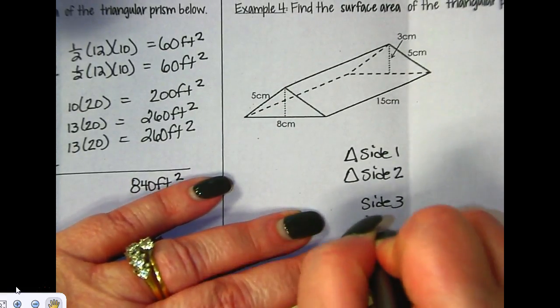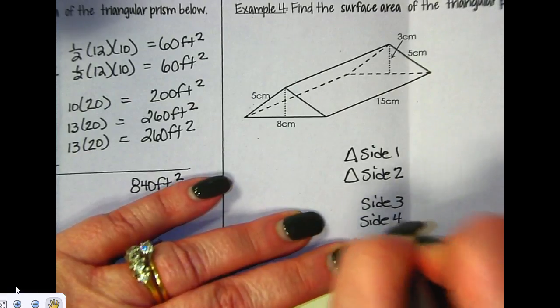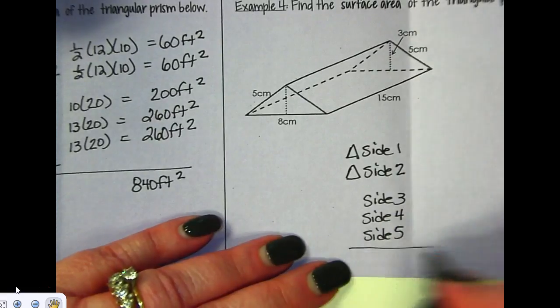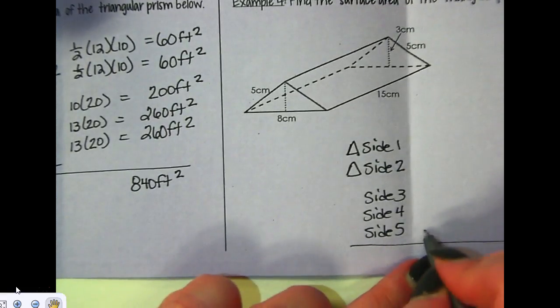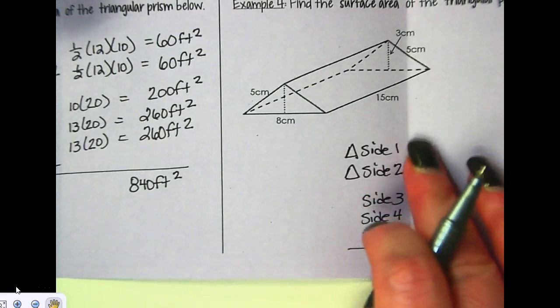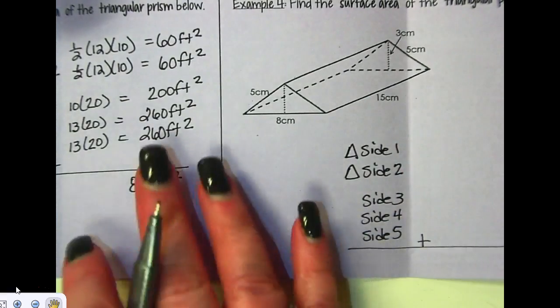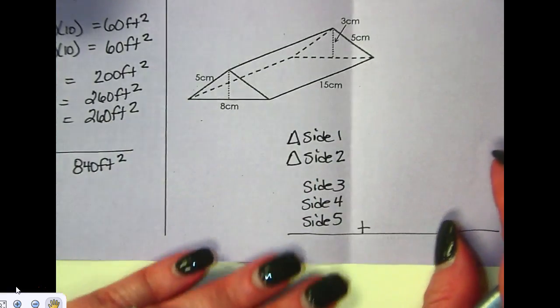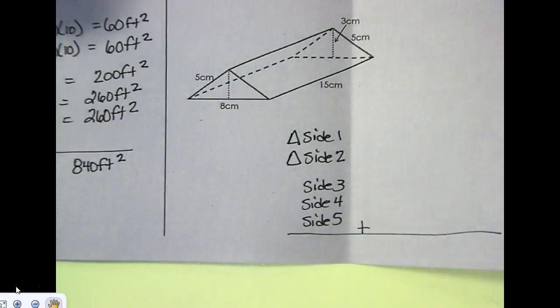Side 3, side 4, side 5. So I'm going to give you a minute to get started and try this on your own. Make sure you're writing in pencil over here. Make sure you're writing down what you're multiplying together, and then we'll do it together in about 2 minutes. But I'm going to let you get started on your own and try and figure it out.